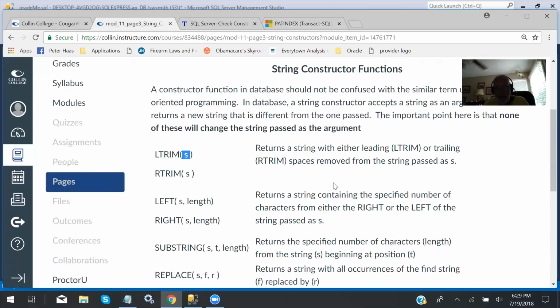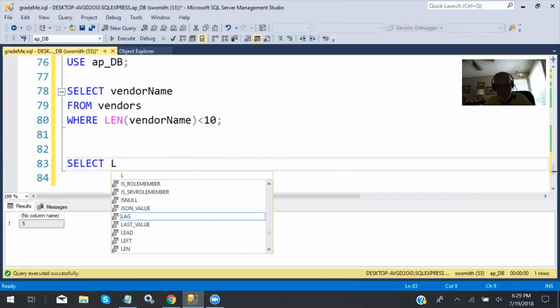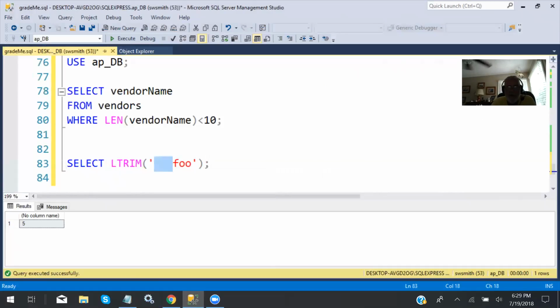For example, ltrim, left trim, in other words, trim the stuff off to the left. 3 spaces, foo. So I'm saying trim the left stuff off.